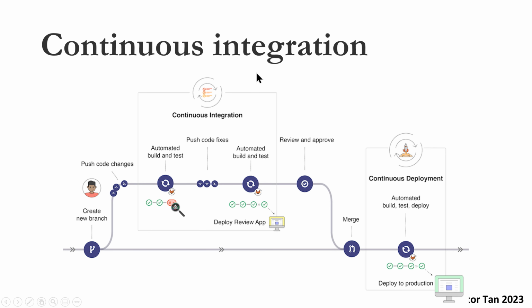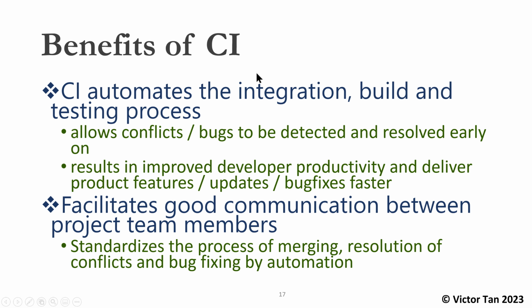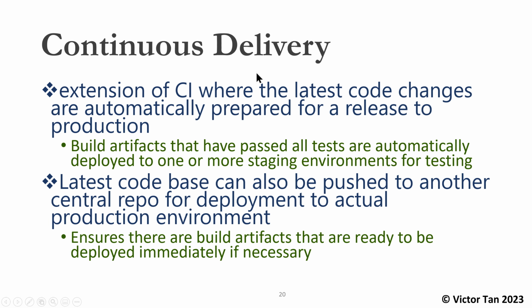CI is the stage when you're just building up your app. Once your app has been fully built up and has passed all the unit tests, you put it in another repository. And the idea is that when you need to deploy anything immediately to your production server, you can do that immediately from this other central repository. Okay, so that is the whole idea of CD.